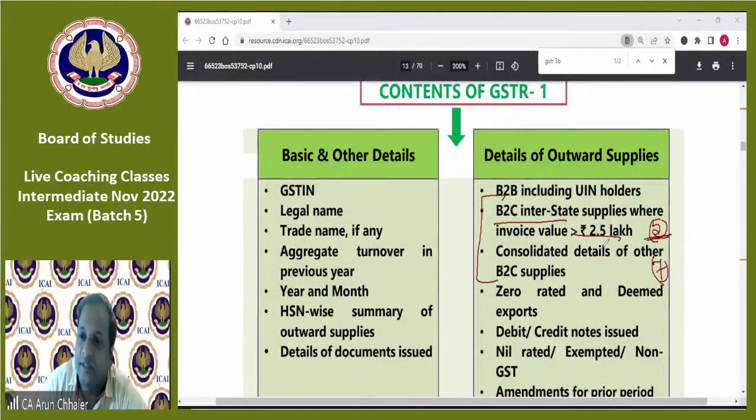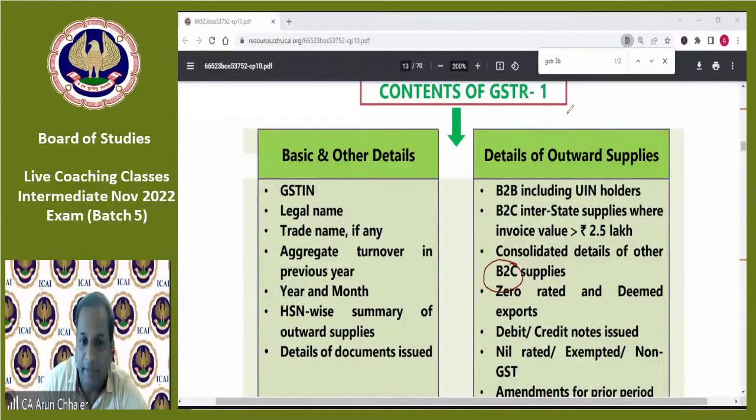B2C transaction interstate, but large value means more than 2.5 lakh. What is table 7? All the rest of the B2C transactions have to be reported in table 7, but in a consolidated manner. What is the consolidated manner? It means you are not required to report invoice-wise. You can consolidate and report the total state-wise. Which type of supply will come?